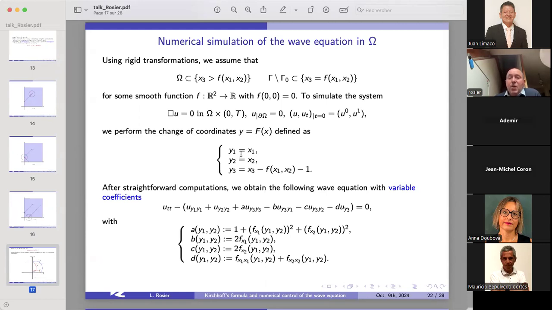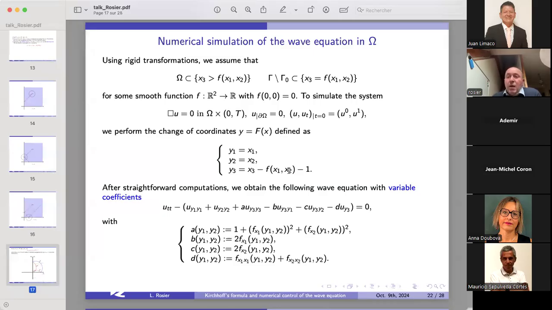So we keep x1 is y1, x2 is y2, but for y3 we take just the difference. When you are on this surface, it means that y3 is -1. Perfect. So we will be able to work in the box [-1,1] to the 3.